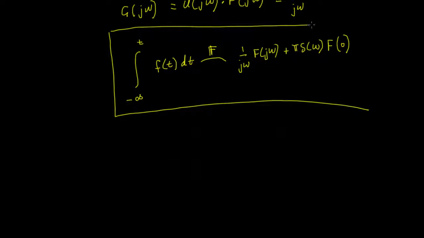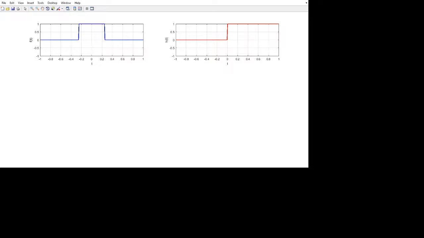Okay, now we can actually see that in MATLAB, so I'll bring it up in MATLAB just now. Okay, so we have two functions, so that's our f of t.